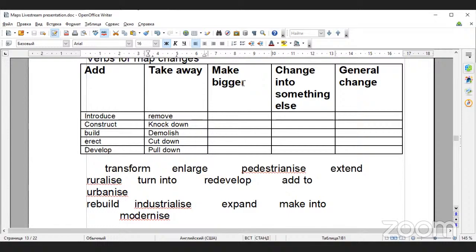All right, now let's type 5 words which mean make bigger. So you see the list is already smaller. It's easier. Okay.